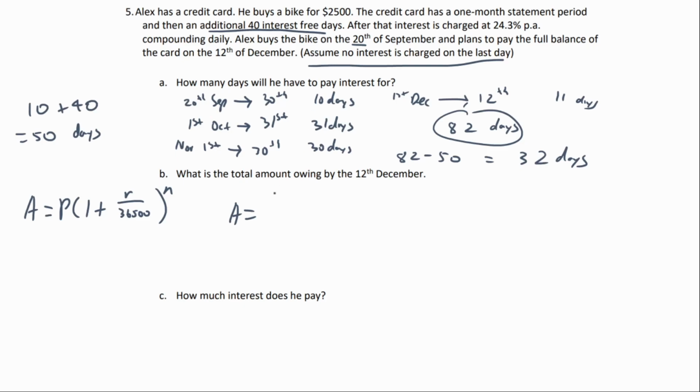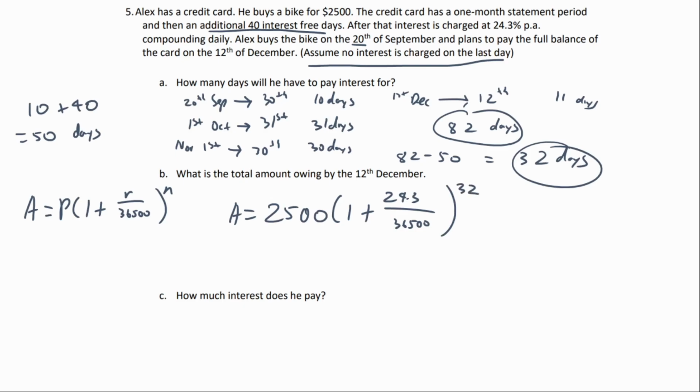He buys it for $2,500, so our principal is $2,500 because he hasn't paid any deposit. 1 plus the rate is going to be 24.3 over 36,500, and the number of days was 32 there. And if you put that into your calculator, it will give you a value of $2,553.81. So that will be the total amount owing.